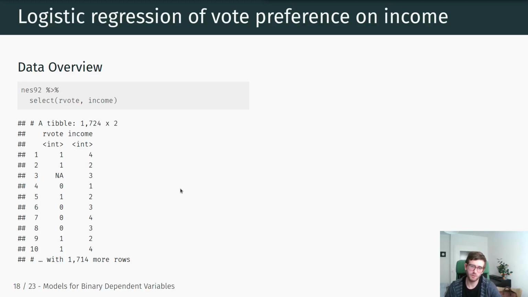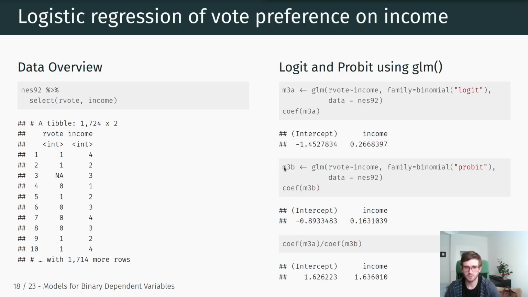In the previous video, I already showed you how to use the linear probability model, estimate OLS, and we interpreted that in the first step. And just to first introduce this using basic frequentist, base R functions, we can estimate Logit and Probit models using the GLM command, for generalized linear models.